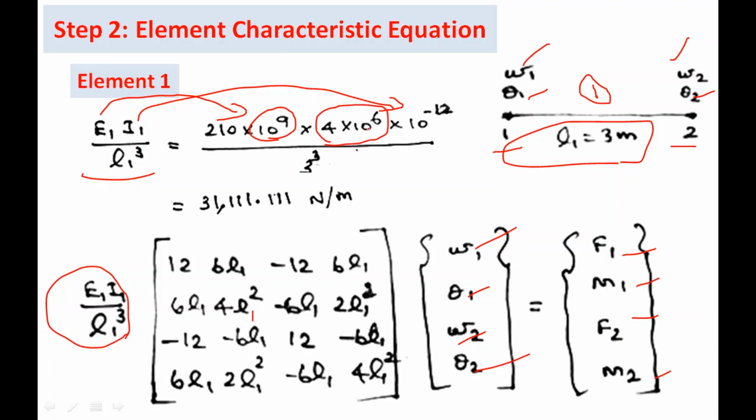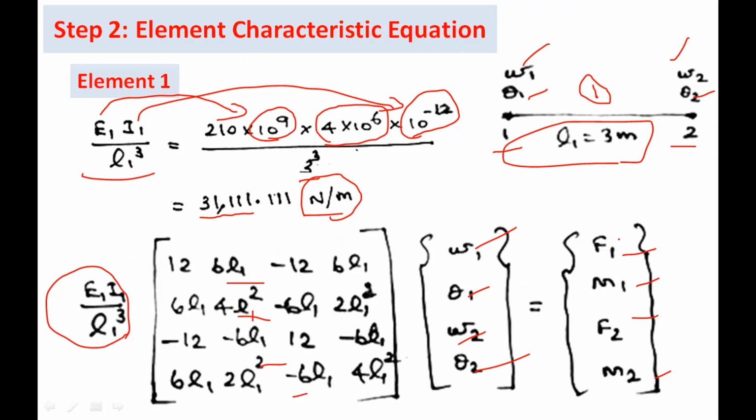To convert mm power 4 into meter power 4, we multiply by 10 to the power minus 12. Here L is 3 meters, so 3 to the power 3. This value we get is 31,111.111 Newton per meter.